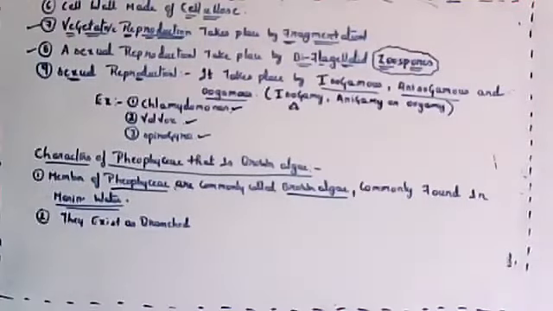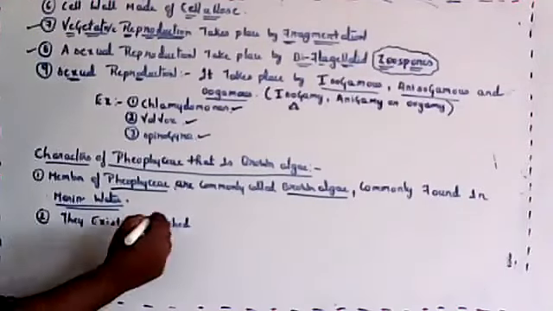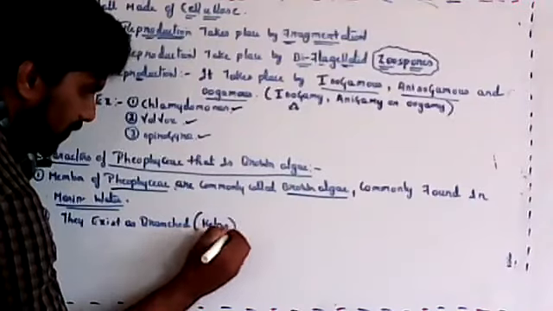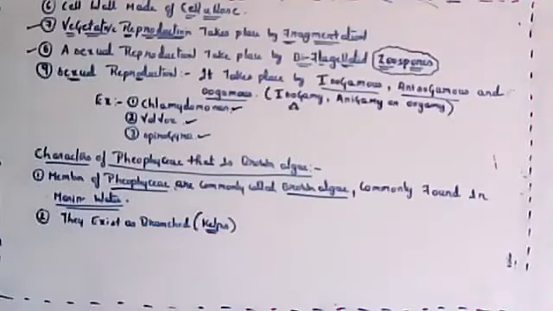A common example is kelp, KELPS. Kelp comes under brown algae.